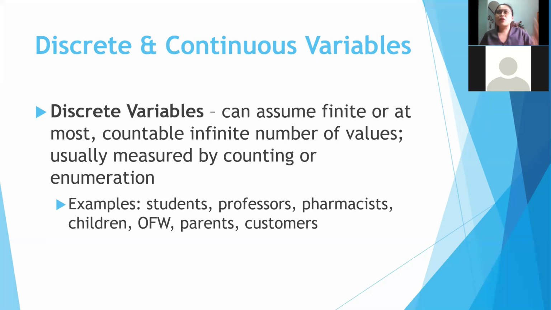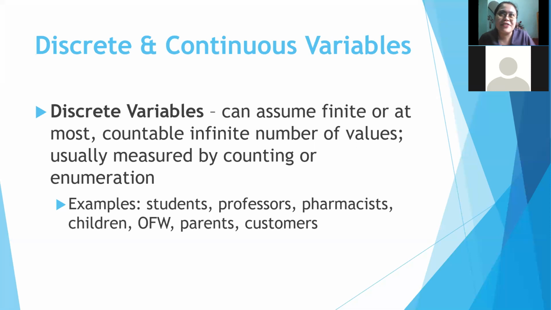When you say discrete variables, these are the ones that can be counted. They are countable, with a finite or at most countably infinite number of values. Again, the keyword here is countable. That's discrete variables. In studying, class, you don't need to memorize everything.